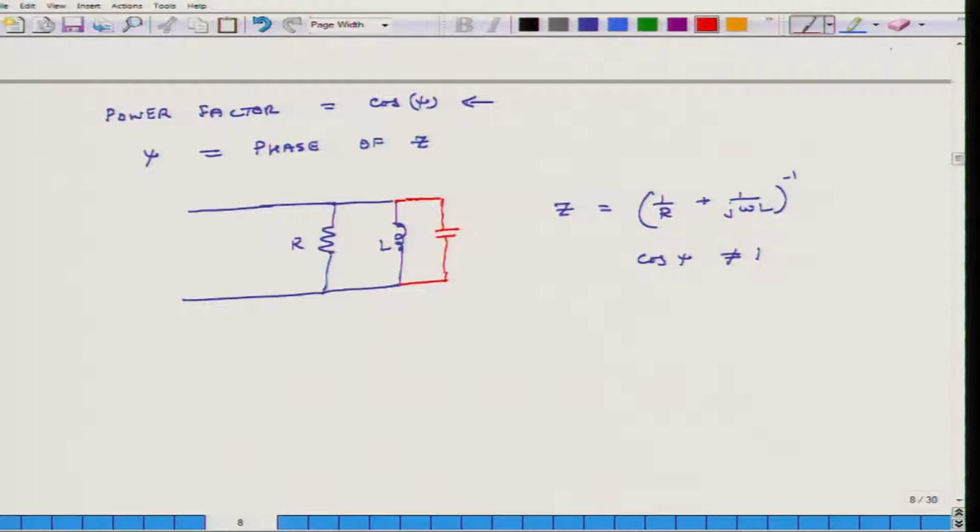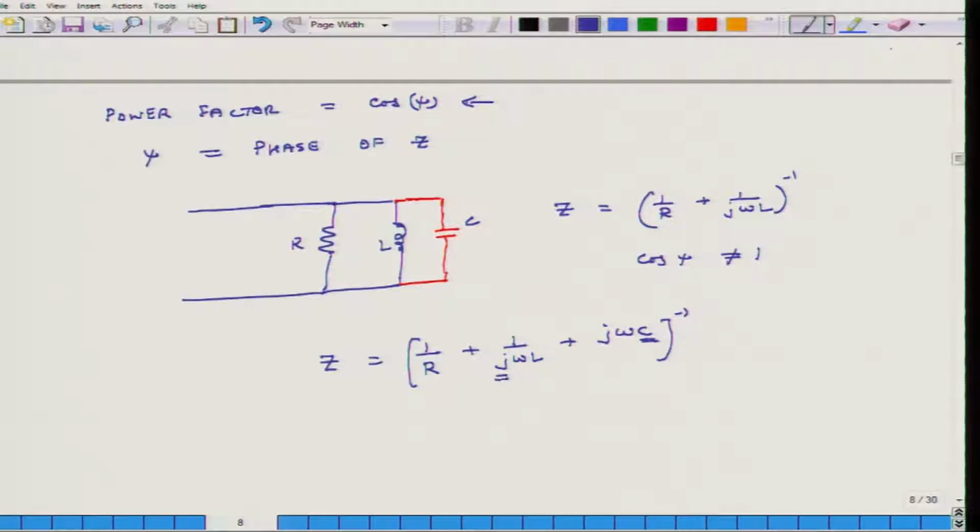In that case my Z will be the inverse of 1 over R plus 1 over j omega L plus the admittance of a capacitor, whose impedance is 1 over j omega C. So, its inverse is j omega C, and I take the inverse of the whole thing.